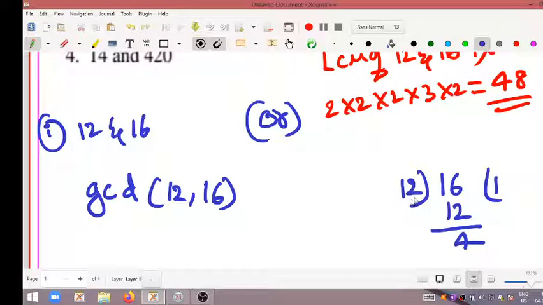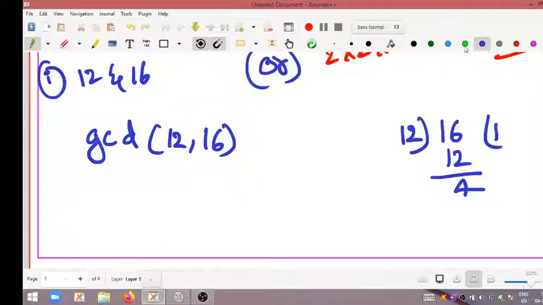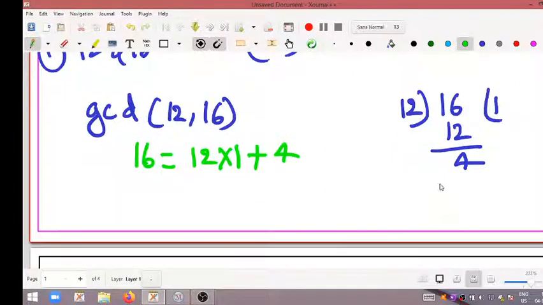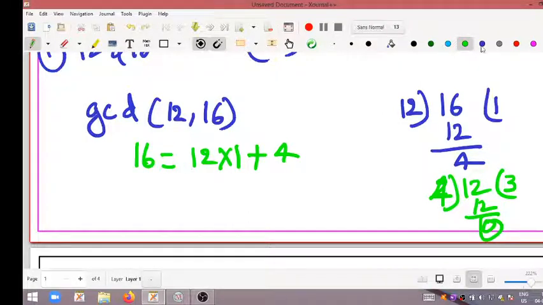So 16 equals 12 into 1, remainder 4. Again I write this 12, again remainder 4, 12, so 4 3s are 12. So 12 is equal to 4 into 3, remainder 0.